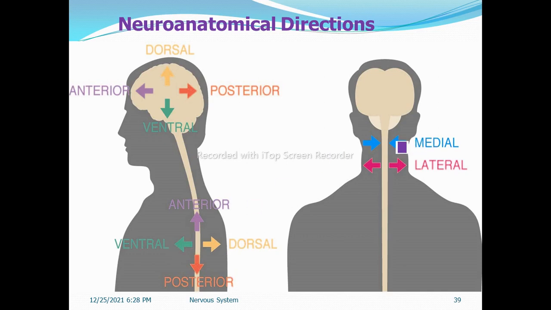And when you say medial, it is toward the center, and when you say lateral, it is away from the center. So these are some terminologies important to understand the brain. This is for the spinal cord, and this is for the brain. These arrows indicate the directions.